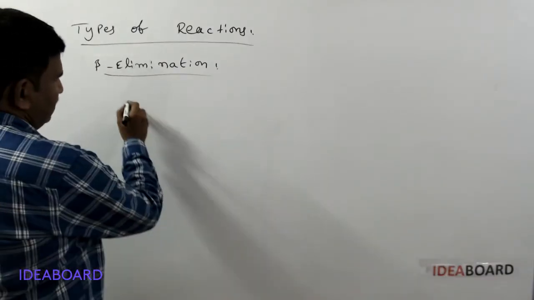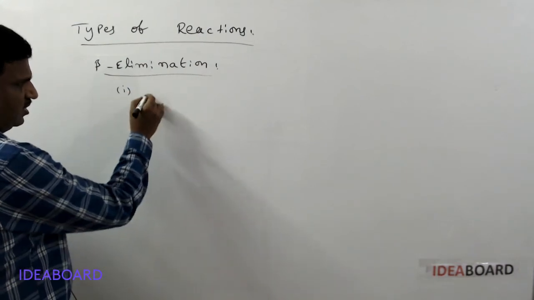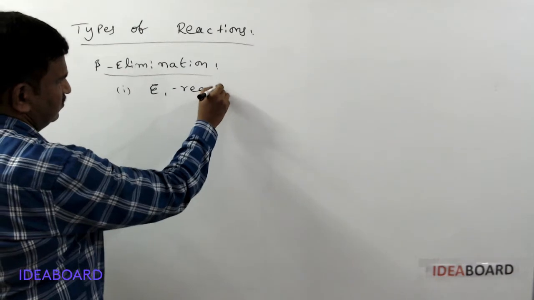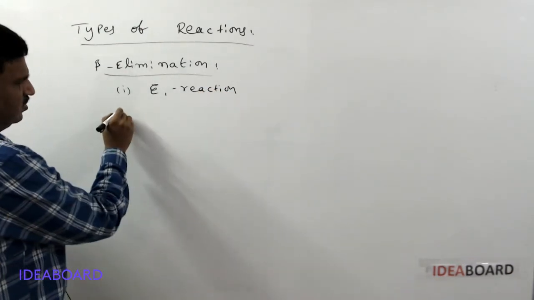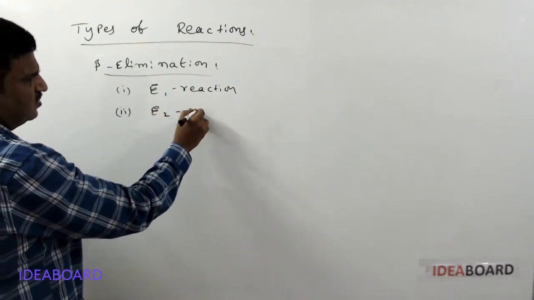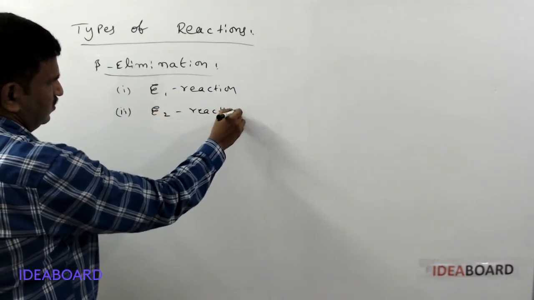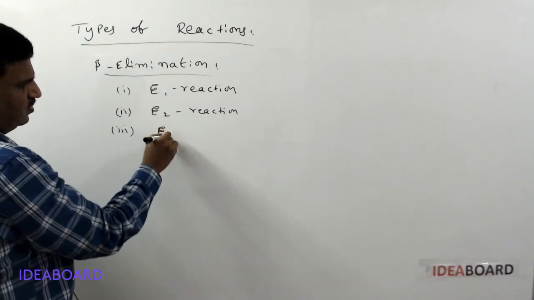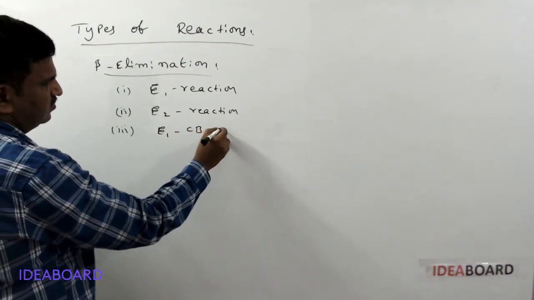Beta elimination is again classified into three main types. The first is the E1 reaction, the second is the E2 reaction, and the third is the E1CB reaction.